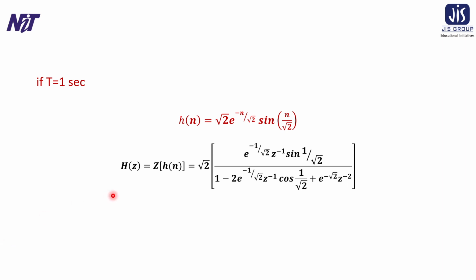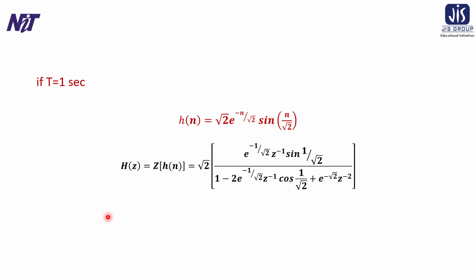So after the Z transform, it becomes e to the power minus 1 by root 2 z to the power minus 1 sine 1 by root 2, whole divided by 1 minus e to the power minus 1 by root 2 z to the power minus 1 cos 1 by root 2 plus e to the power minus root 2 into z to the power minus 2.